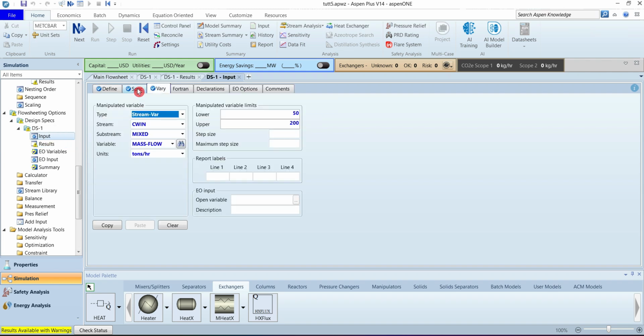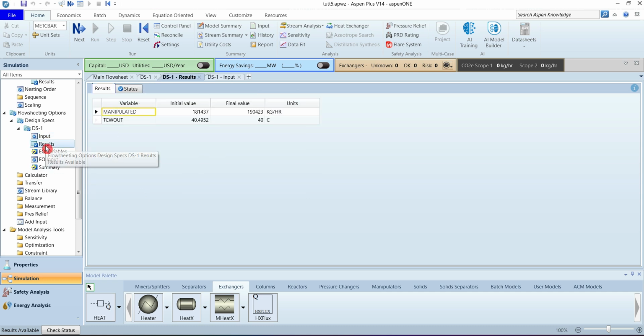So again, go to the vary under the design specification and increase this one even more. Any number you prefer. I just randomly put in a number of 250, and now the results are available without any warning. So let's see what the cooling water flow rate should be.